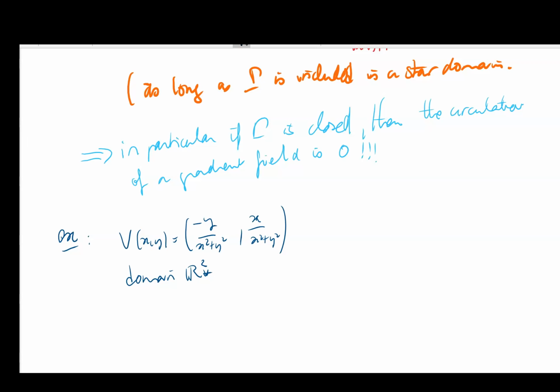We're going to compute the circulation of that vector field on several curves. If it's a conservative vector field and if our curve is in the star domain, then it should be equal to 0. Let's see one first example.